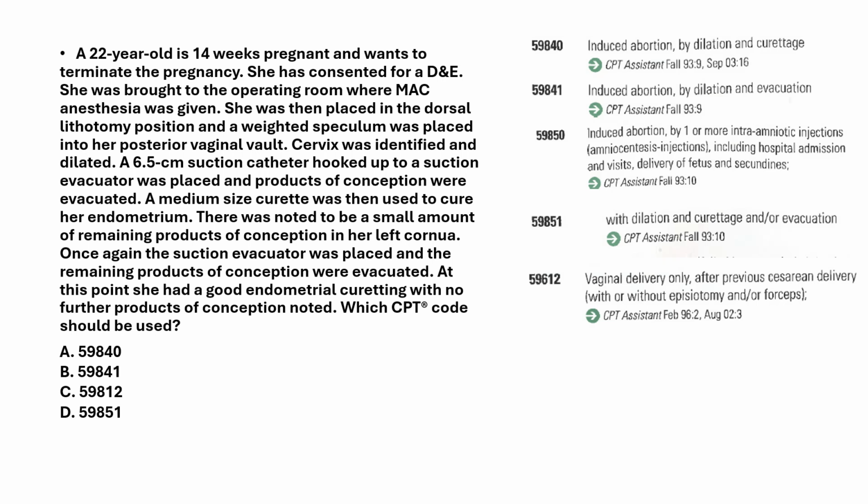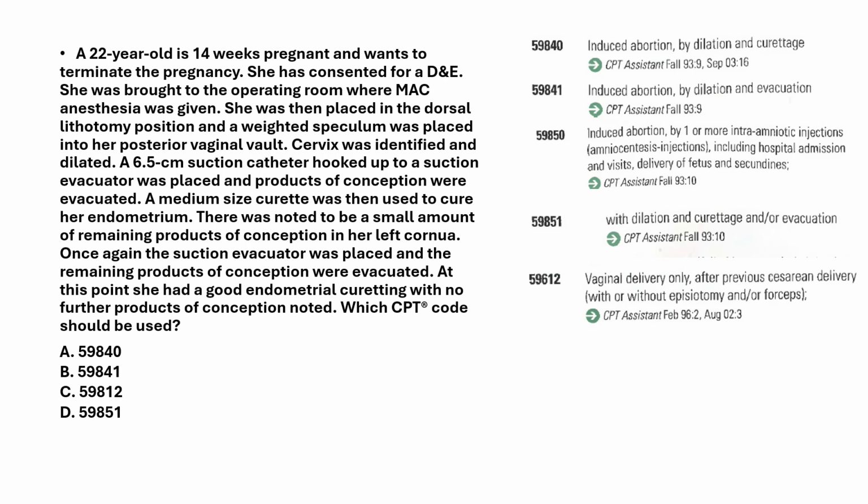First of all, the lady is pregnant and her pregnancy was terminated with the help of D&E, that is dilation and evacuation. Of course, they have used curettage in between when they saw a small amount of remaining products of conception, but the majority procedure was evacuation.